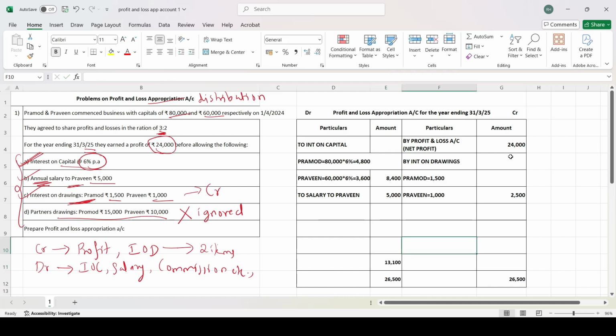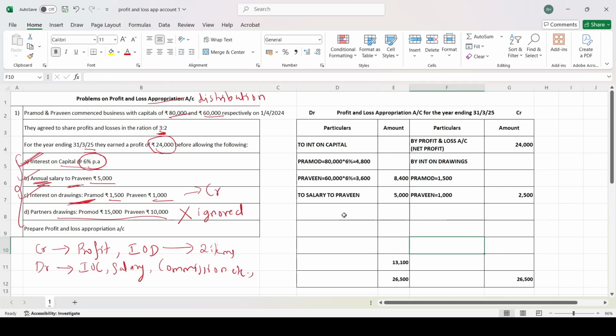See, in total we had 24,000 profit plus 2,500 we have collected as interest from the partners, which comes to 26,500. From this 26,500 we have given interest on capital and salary. Remaining is 13,100. This 13,100 will be distributed among the partners in their profit sharing ratio.